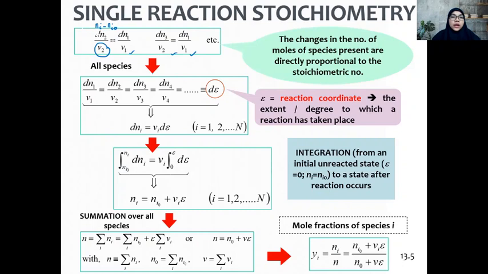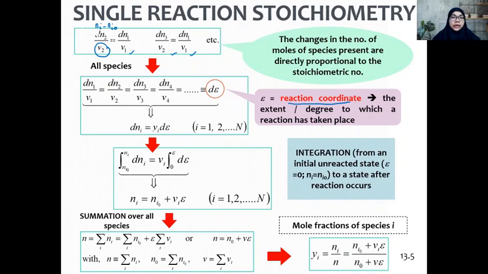And for all the species, we can have another definition to describe this correlation by introducing the reaction coordinate. By rearranging this, we get the difference of the number of moles equal to the stoichiometric number of species i times the difference of the reaction coordinate.